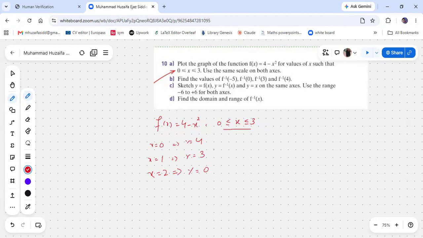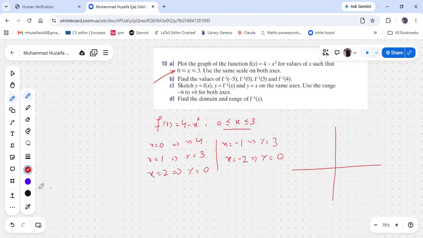Same for the negative side, so x is equal to minus 1, so y is equal to 4 minus 1 square, this is equal to 3. And when we put x is equal to minus 2, this gives us 4 minus 4, this is equal to 0.